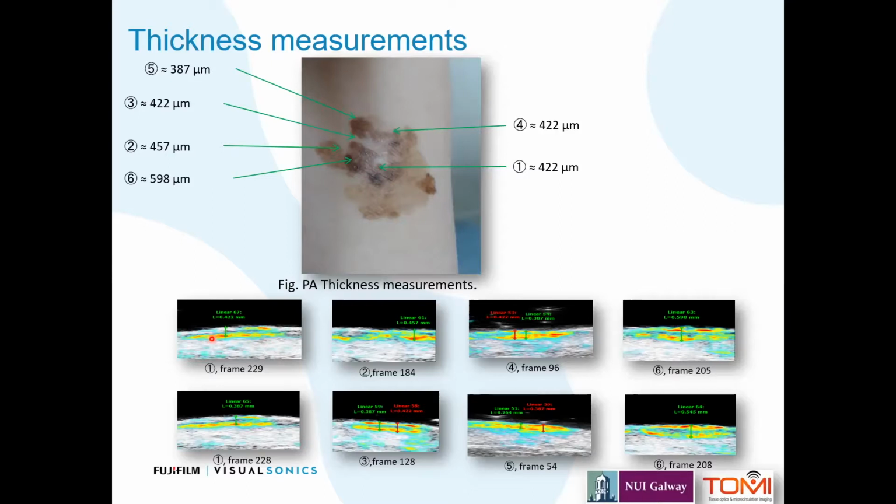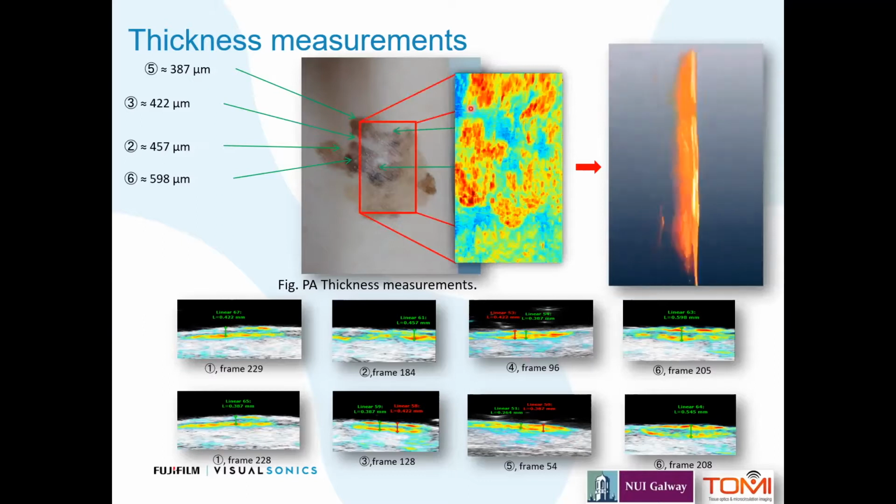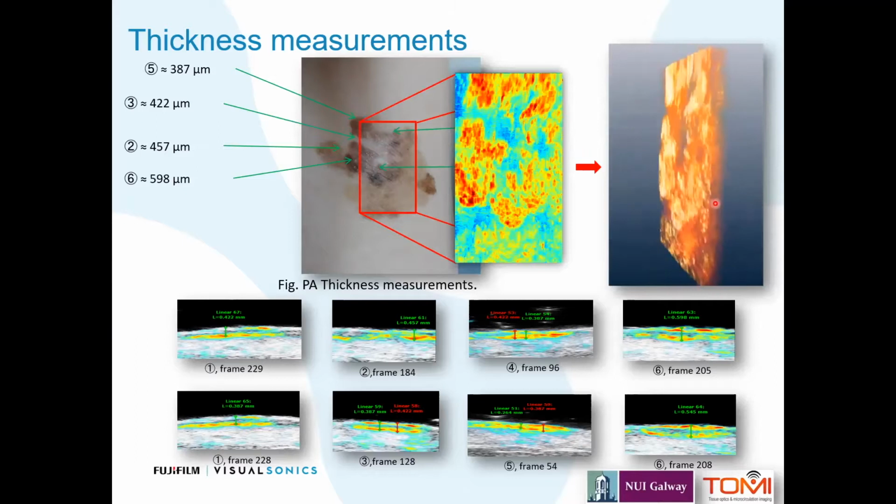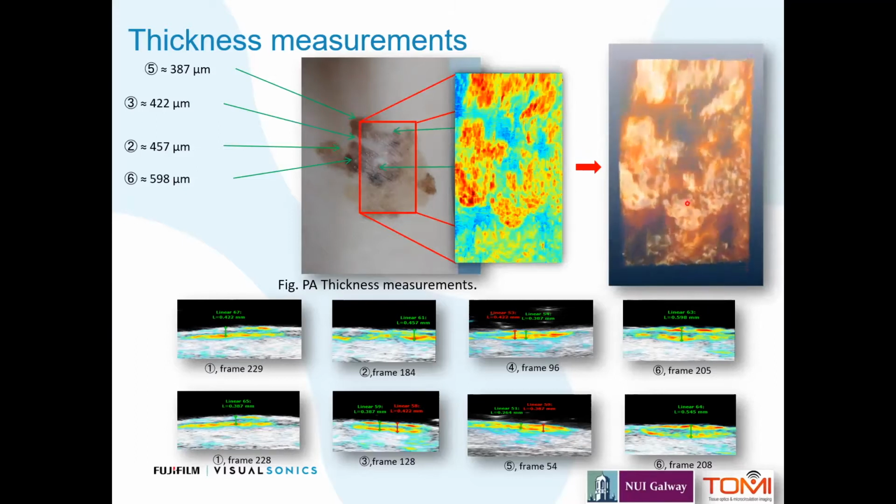So the grayscale image gives you very good information about overall tumor, but then looking into the melanin, are the cells actually going through the basal membrane? How deep are they going? How deep are the lesions? That's specifically looked at with photoacoustic, non-invasively, and they also then combine this with 3D to get a parametric map and illustrating what the melanoma tumor looks like, also in terms of depth and penetration, tissue penetration.